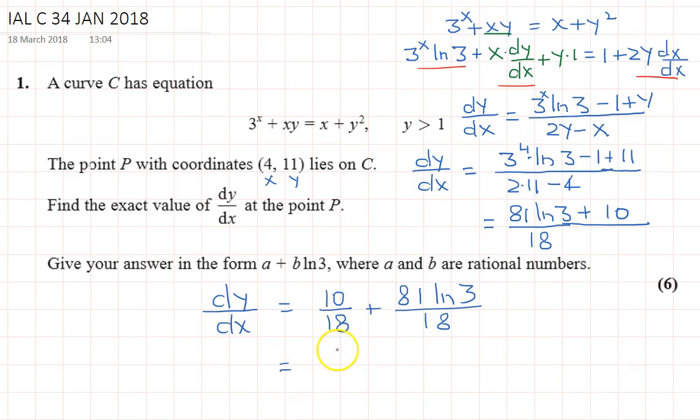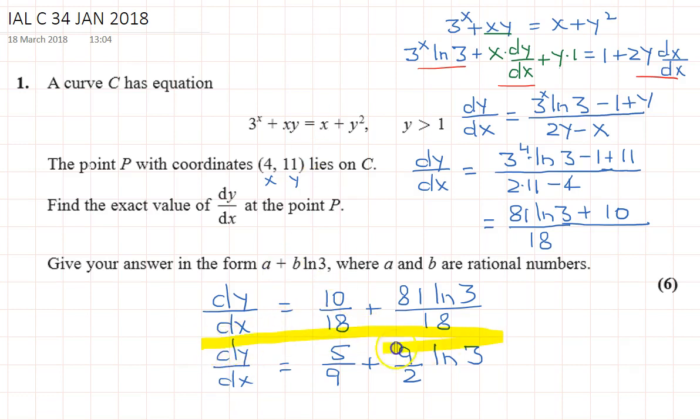This is 5 over 9 plus 81 over 18, 9 times 9 is 81, 9 times 2 is 18, ln 3. So this is the value of dy over dx. So this is the answer for question number 1.